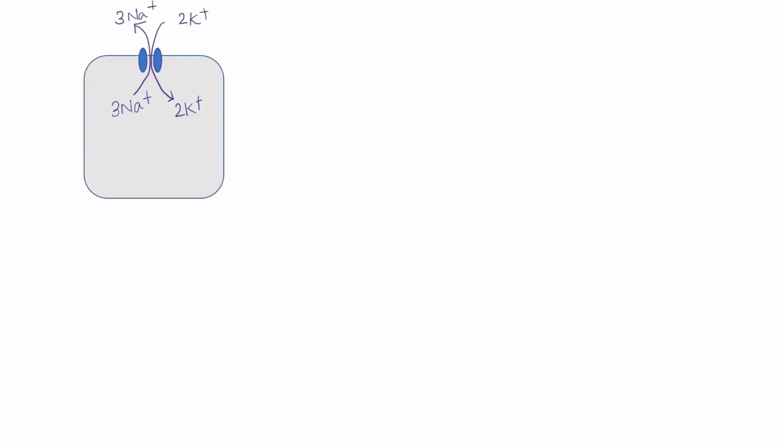Now, let's see what exactly happens here. Let's suppose this is a cell membrane, this is the extracellular part, and this is the intracellular part. So what happens here is 3 sodium ions move from inside to outside the cell, while 2 potassium ions move from outside to inside, both the ions moving against the concentration gradient with the use of an ATP molecule, right?